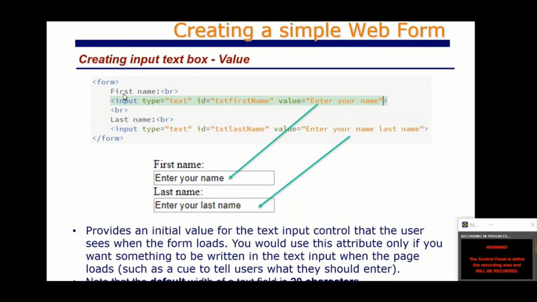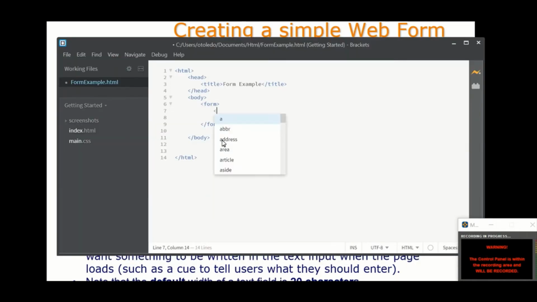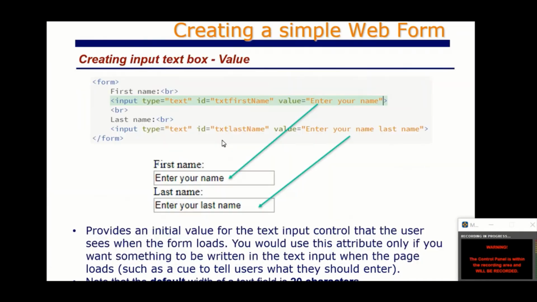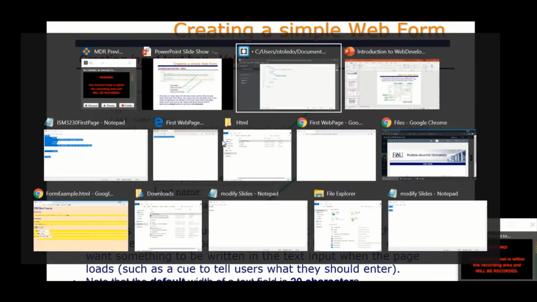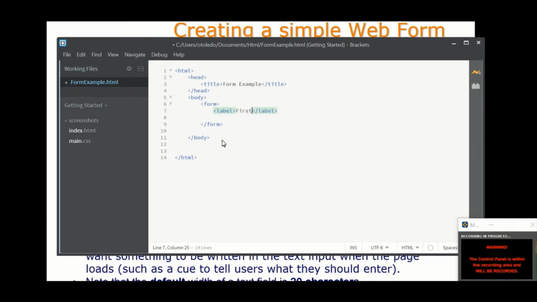Okay, here I type only first name, right? So like a regular text. Instead of that, I'm gonna add another component, label. And we're gonna write here, for example, first name.